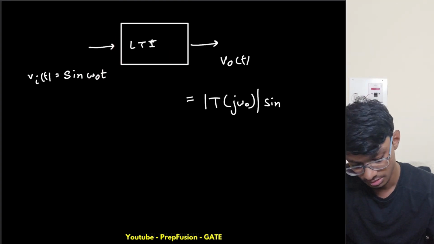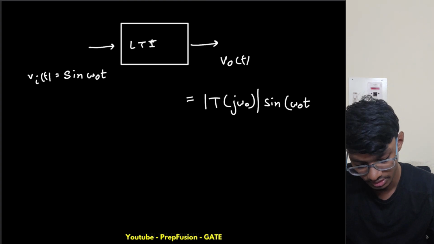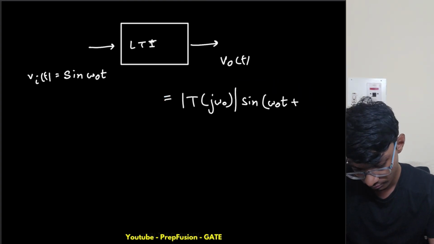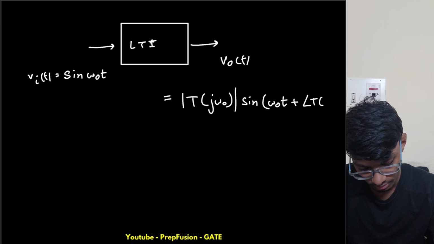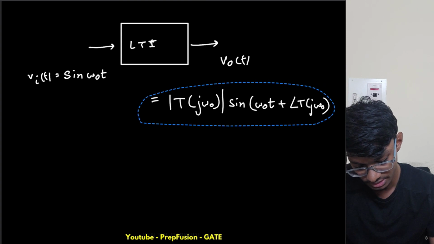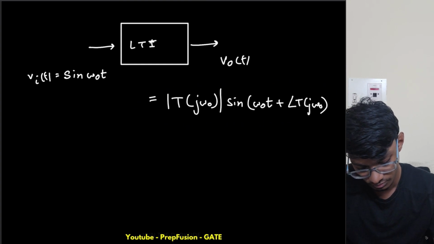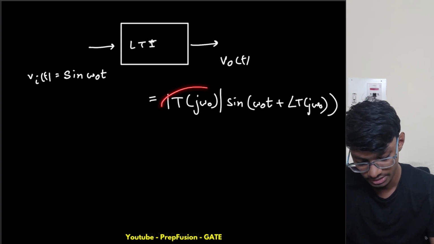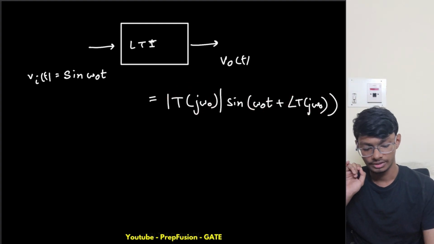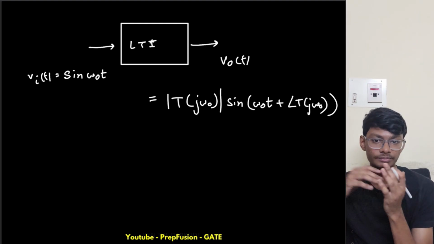The frequency won't change. So this will be omega naught t only, plus the angle of the transfer function at j omega naught. So this angle will get changed and the magnitude will get changed, but the frequency will remain the same. So what is the simpler analysis?